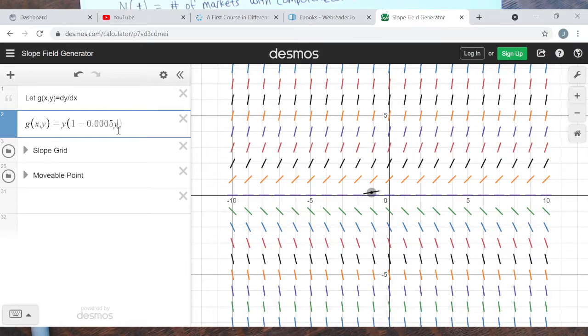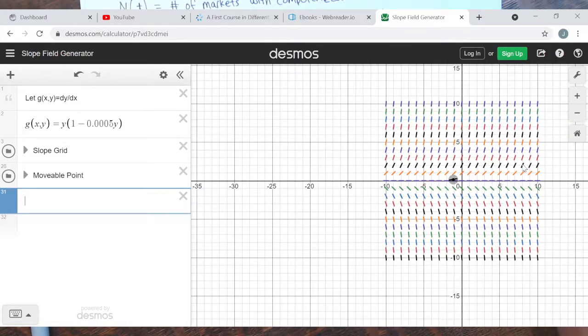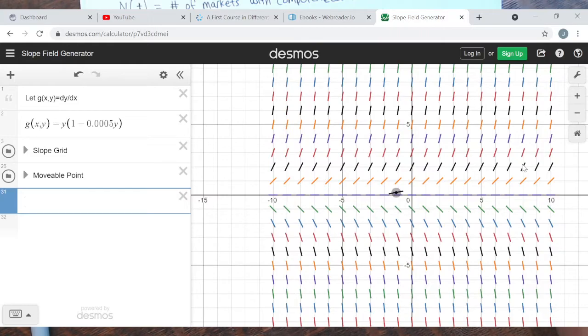Actually, this might not look too great because I know the slope field doesn't go up to 2,000. Obviously whoever made this only went up to 10. Anyway, let's just graph our solution. So y equals 2,000 divided by 1 plus 1,999 e to the negative x, instead of negative t.